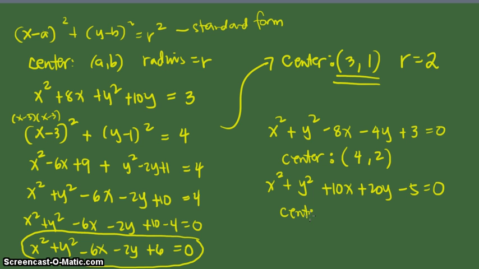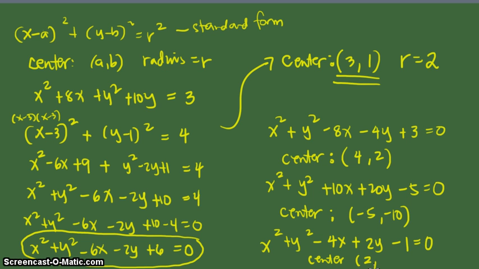The center is at negative 5 and negative 10. Are you getting it? Okay, one more. Say I have x squared plus y squared minus, say, 4x plus 2y minus 1 is equal to 0. The center is at 2 and negative 1. Do you get the pattern now?